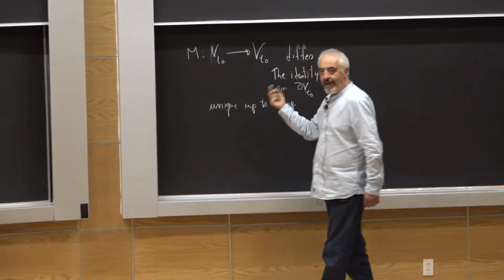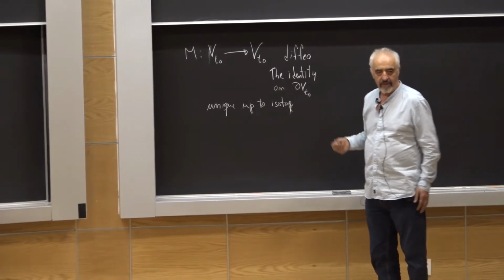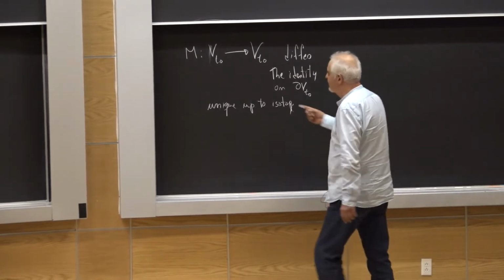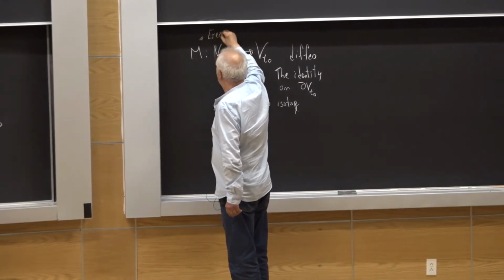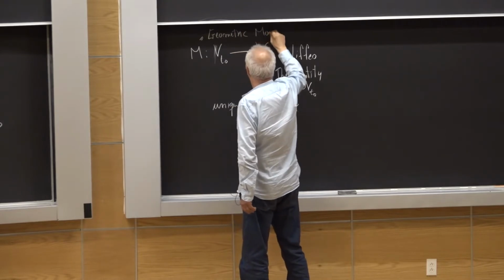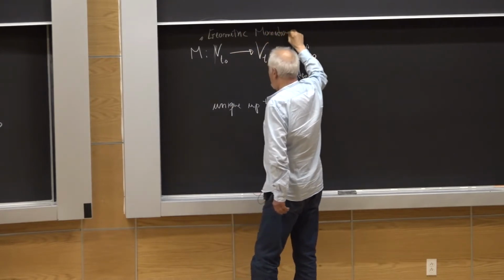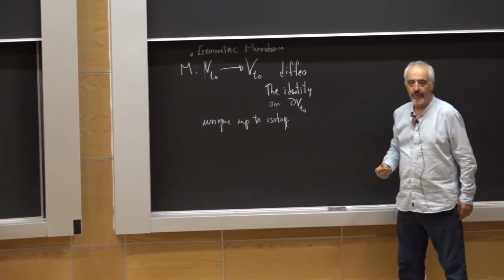It means that the map itself is not fixed. What is fixed is the isotopy class of the map. This map is called the geometric monodromy, and it is an element of what is called the mapping class group.